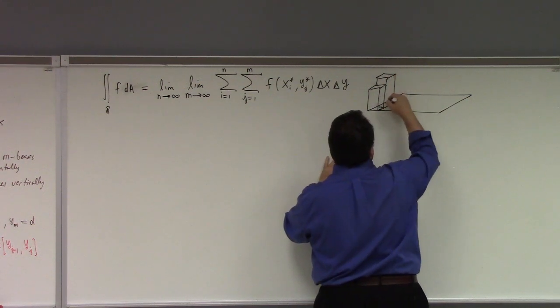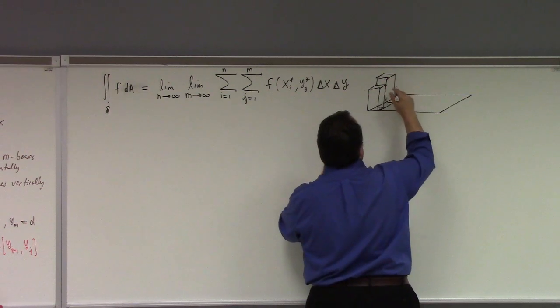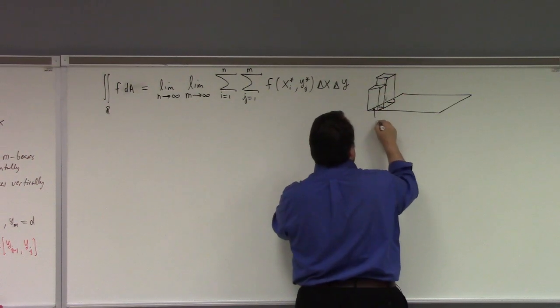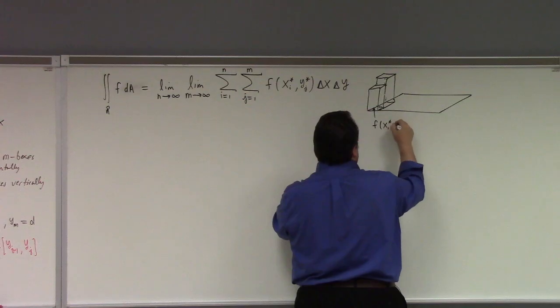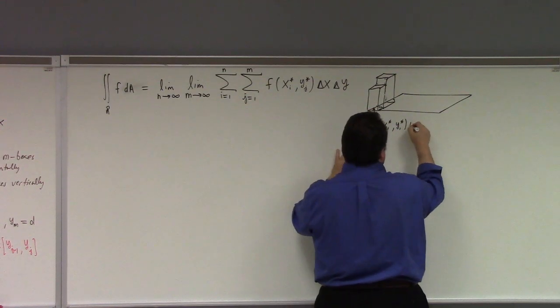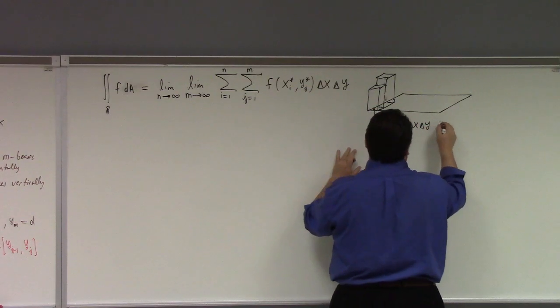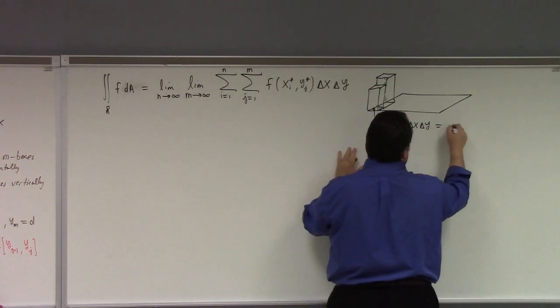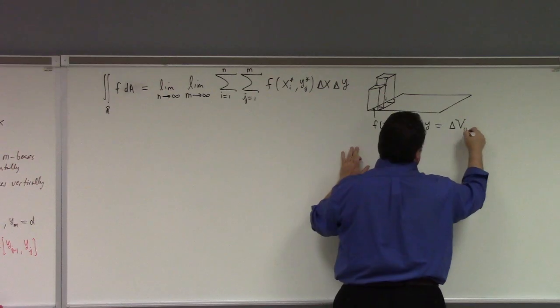And I can't draw it. So this would be f of x1 star, y1 star times delta x, delta y. That would be equal to the little bit of volume over the 1, 1 spot.